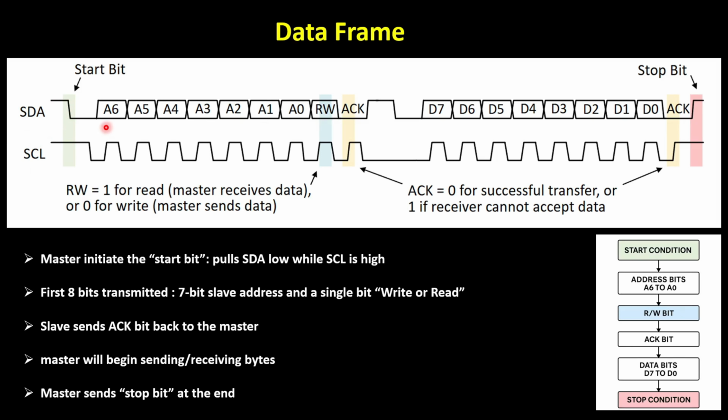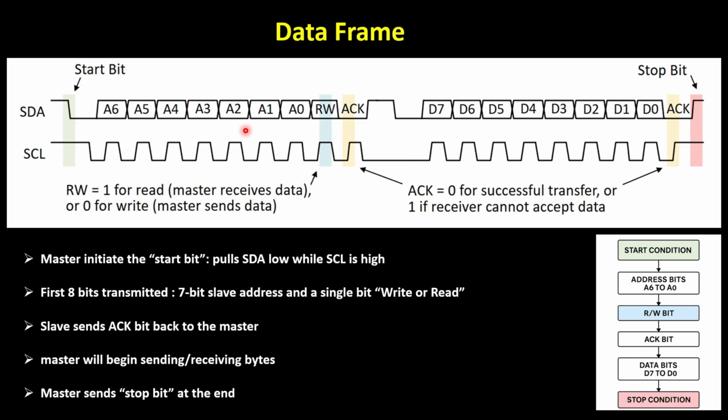After the start bit, the next 8 bits are the address of the targeted slave and the read-write mode. As you can see here, these 7 bits from A0 to A6 indicate the slave address, and the read-write bit tells that slave that the master wants to read or write to that node.